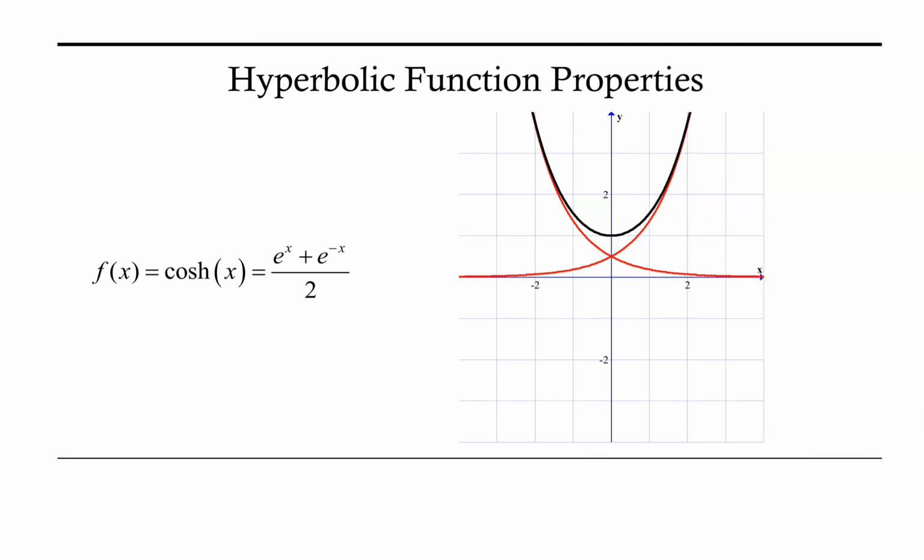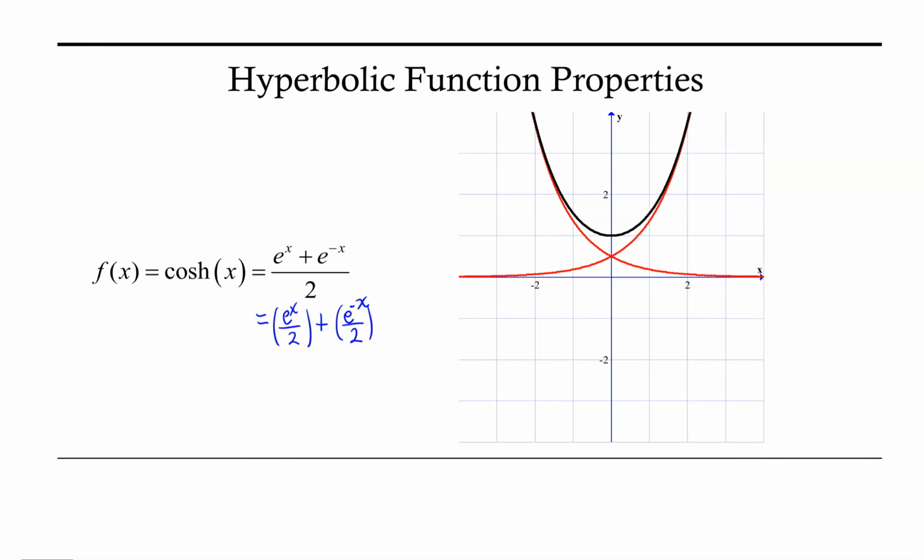The cosh function is equal to e to the x plus e to the negative x over 2. We could separate that like we did for sinh, and we'd have e to the x over 2 plus e to the negative x over 2.